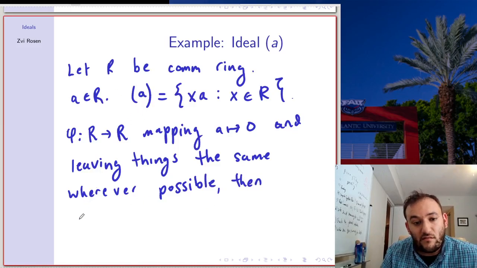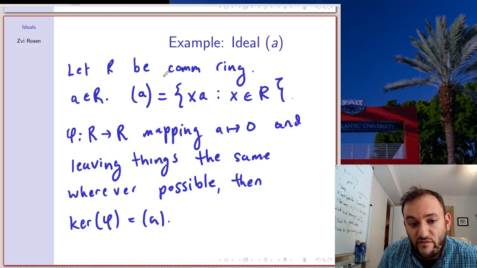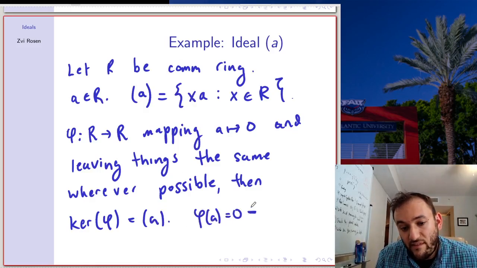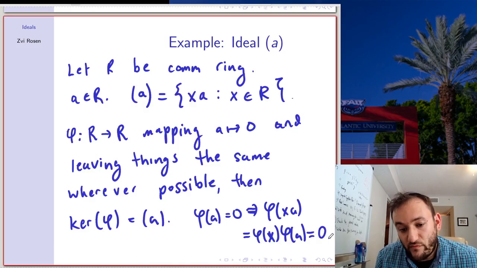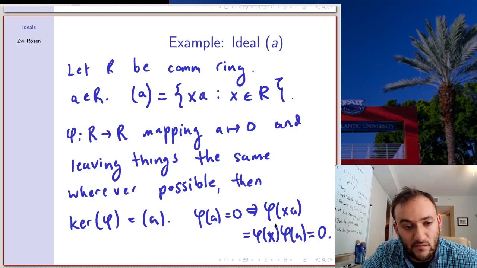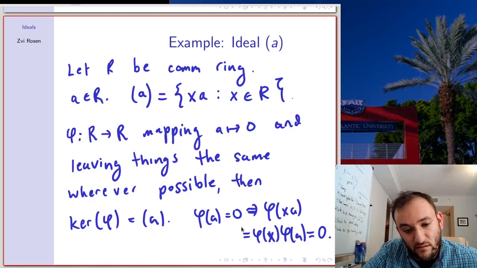Then the kernel of phi is the ideal generated by A, because if phi of A equals 0, then that means that phi of XA is going to be equal to phi of X times phi of A, so it's also going to be 0. Okay. So that's the ideal generated by A, and we'll see that all over the place.